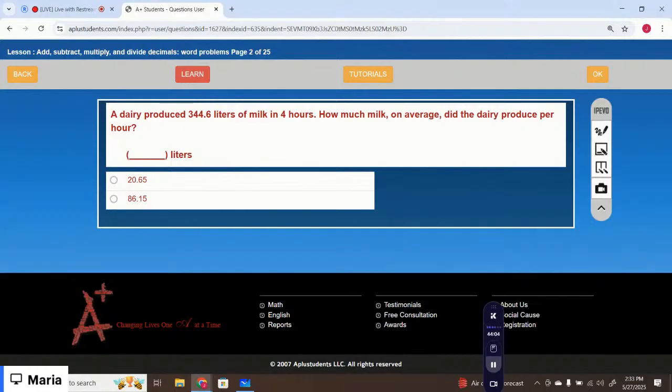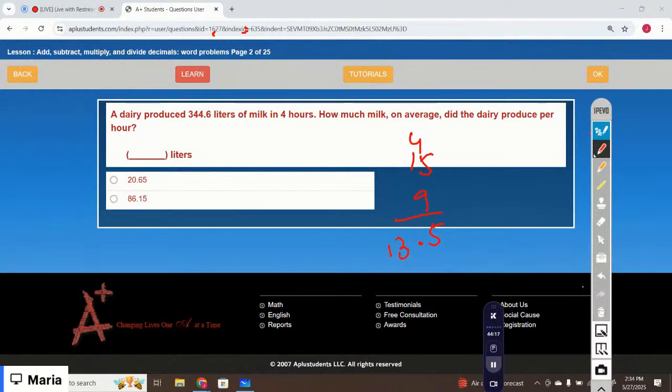A dairy produced 344.6 liters of waste in 4 hours. How much waste on average did the dairy produce per hour? So we do that, 344.6 divided by 4. 4 times 8 is 32.